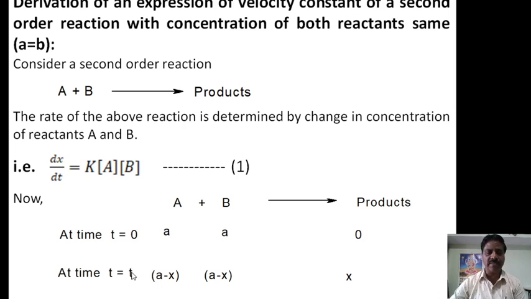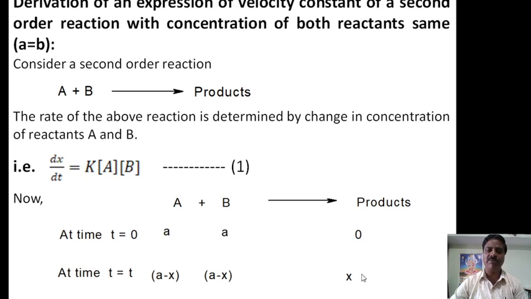After time t, whether 5, 10 minutes, 50 minutes, or after 1 hour, whatever it may be, after some time, x will be the decrease in concentration, the change into product. Therefore, x will be the product. After time t, the remaining concentration of reactant present in the reaction is a minus x.